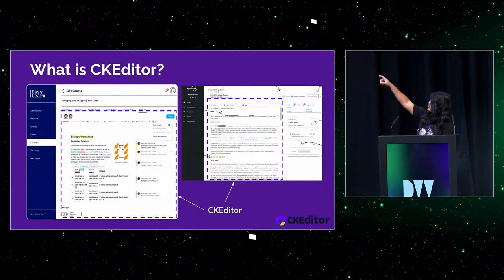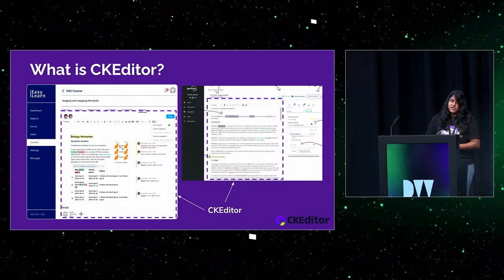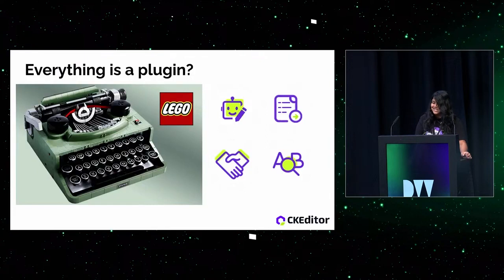In LMS platforms, you might have actually seen this sort of collaboration functionality. That's also CKEditor. We're actually very much known for our collaboration features. So it's basically a rich text editor component that lets you edit and format text using the what you see is what you get editing area. So that's essentially what CKEditor is. Since most of you know what it is, I'm not going to continue delving on the slide. Let's move on to the next one.